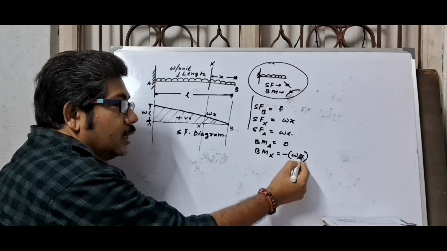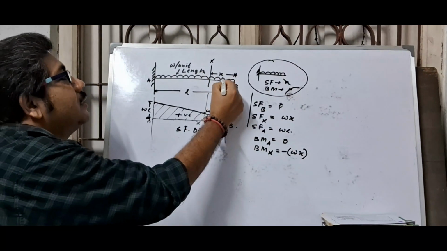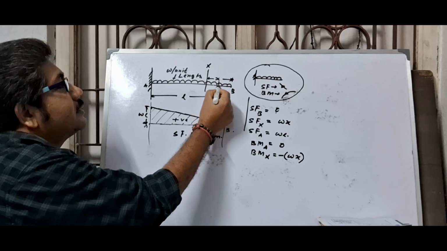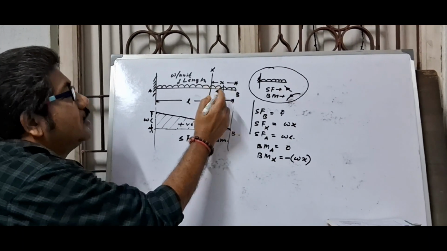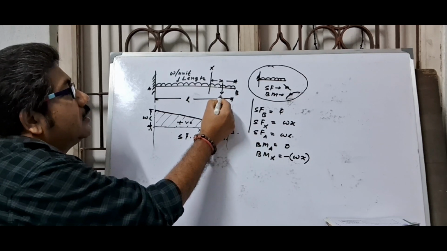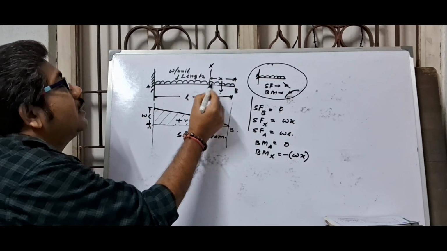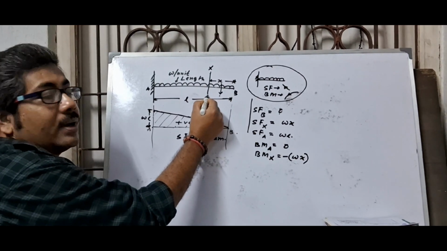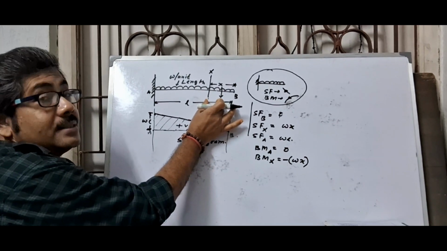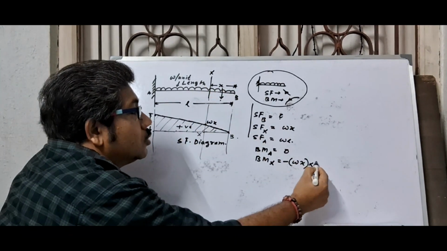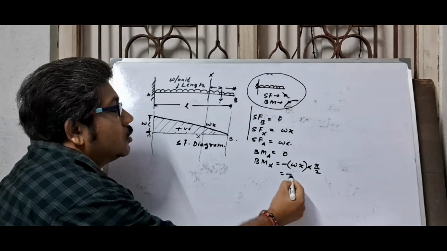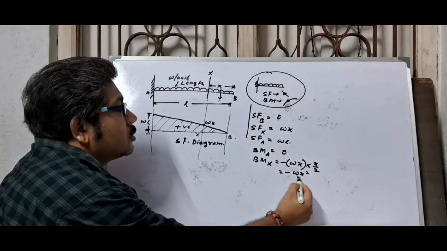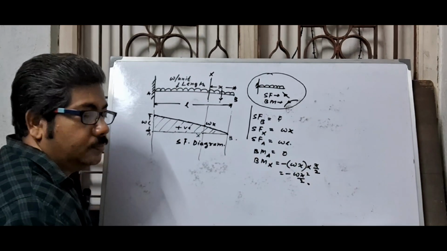This load acts at the center point of this distance, that means at the CG, so the moment arm is x by 2. So this is omega x square by 2.